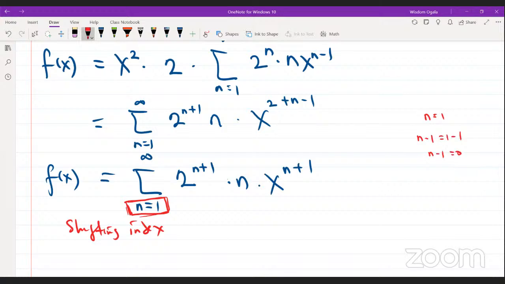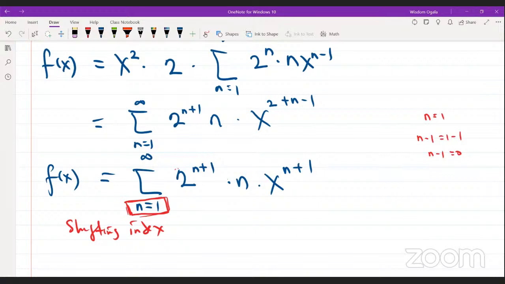Think about that. It means in this red part, wherever you have n, you want to plug in n minus 1. Then we can always check if what we did is right.